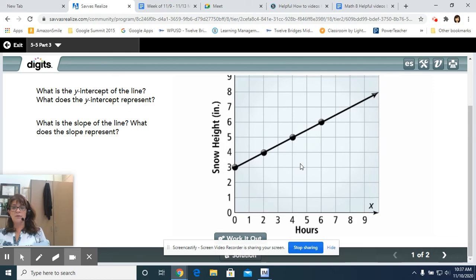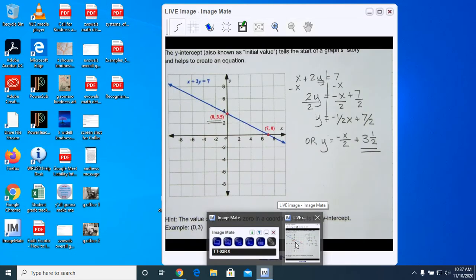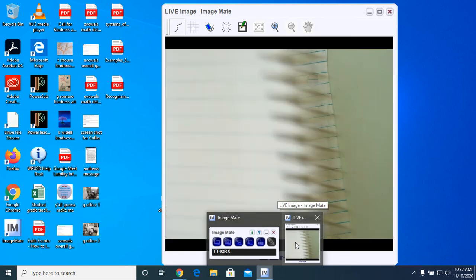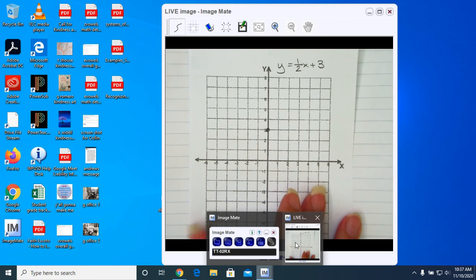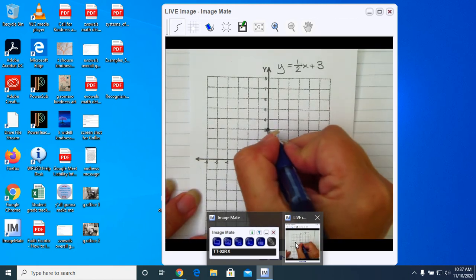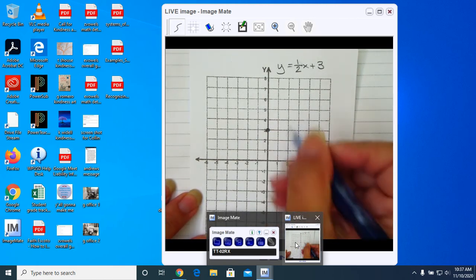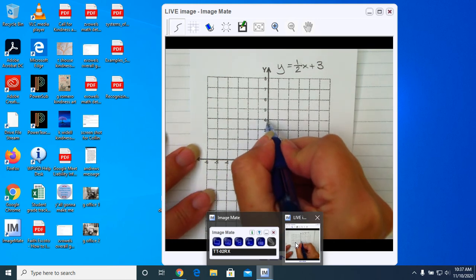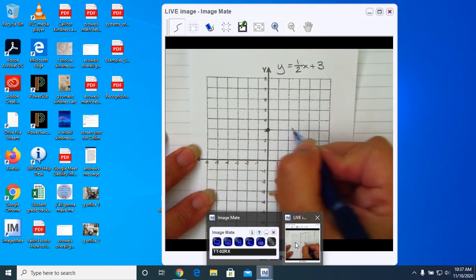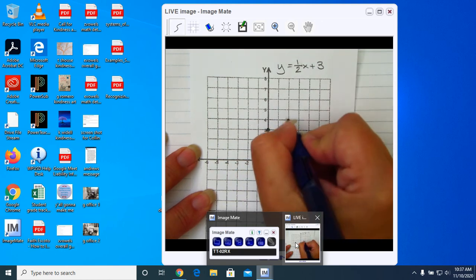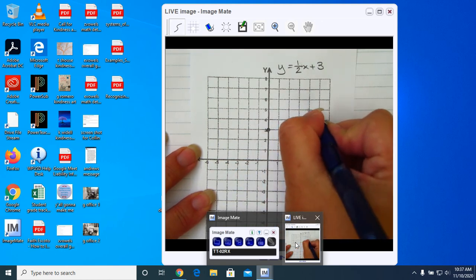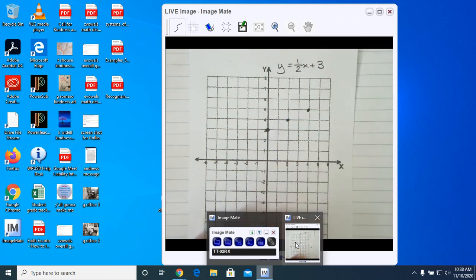So here's how it looks on my paper. This is just the graph paper that I gave you that would be easy to work with. Small little graphs. We started at 3 inches of snow. We got to 4 inches in 2 hours. 5 inches in 4 hours. And it continues.